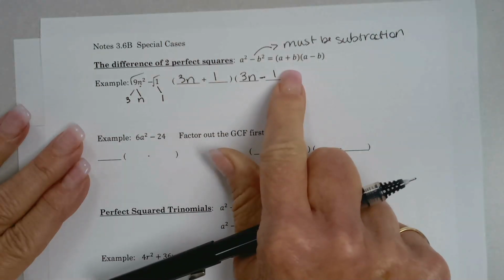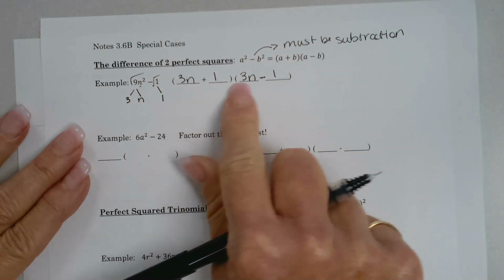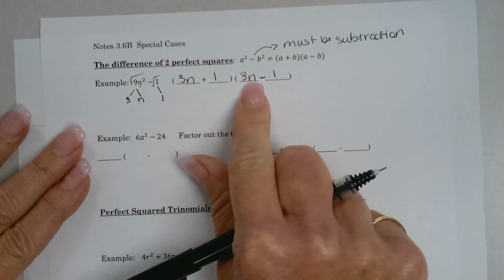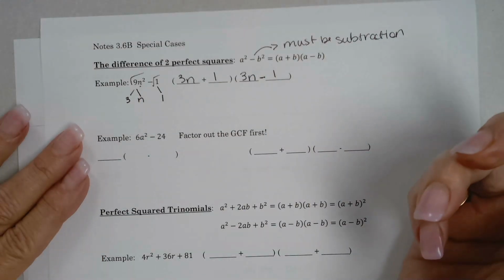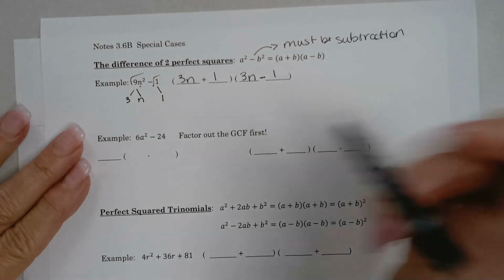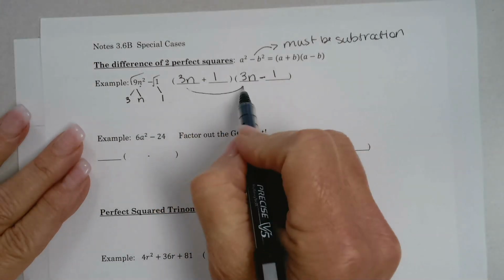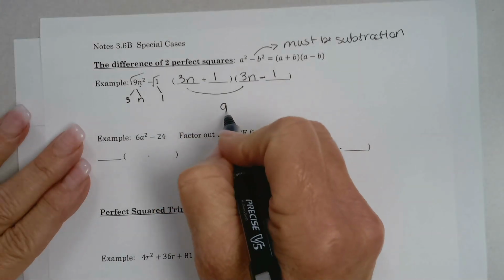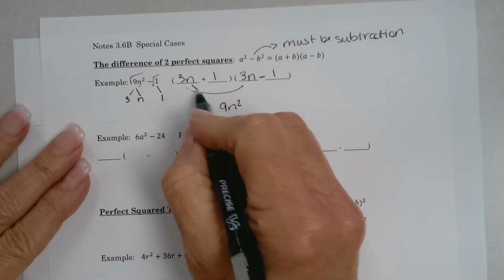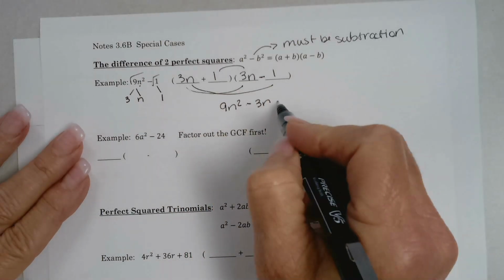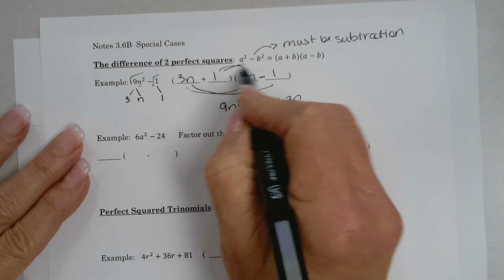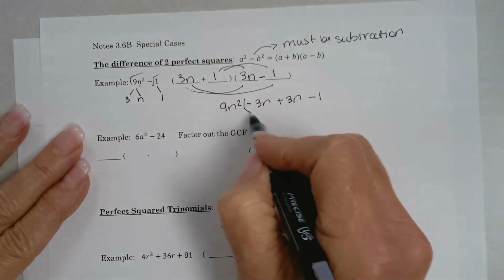Now, here's the reason why it factors out like this, but you only have two terms, because we had been factoring trinomials, three terms. If I were to multiply this back, I would get 9n squared minus 3n plus 3n minus 1.